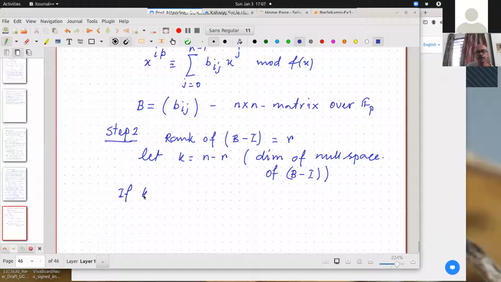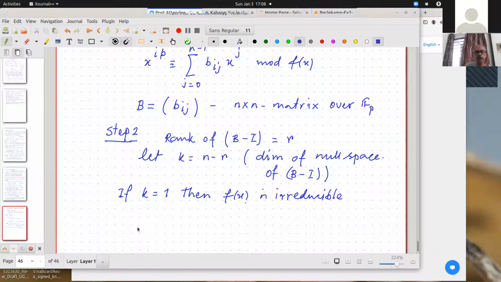And if k is 1, that is the rank is n minus 1, then f is irreducible, and we stop.